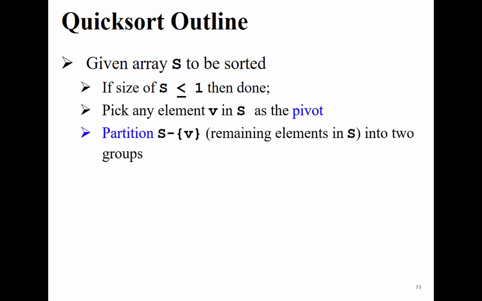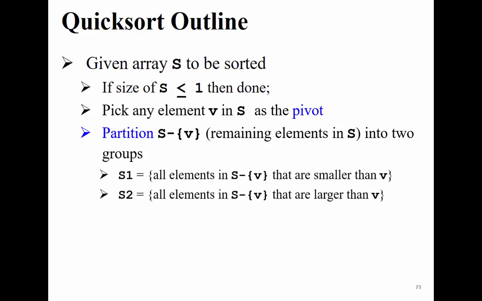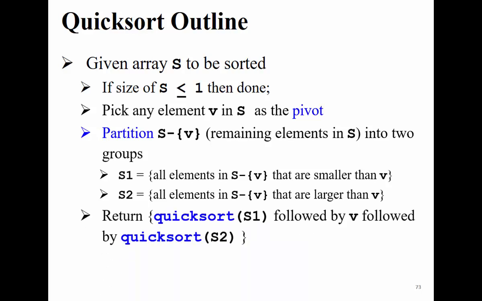Once you pick it, you start to partition. Take the array S minus this element into two subgroups: S1, where all the elements are smaller than the value at V, and S2, where all the elements are greater than the value at V.